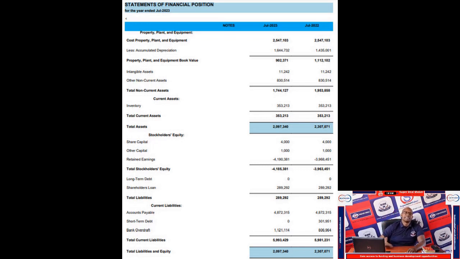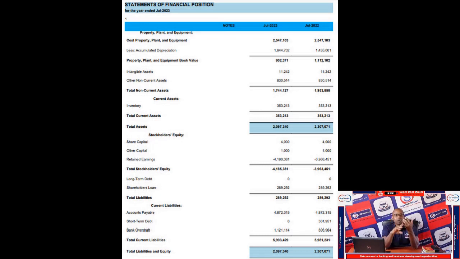Remember, when you start a company, you generally put in money as a shareholders loan to fund the business. That becomes your shareholders loan. And then there might be any other long-term loans, or non-current liabilities. So these are liabilities that will take you more than a year to pay, so you classify them as non-current.